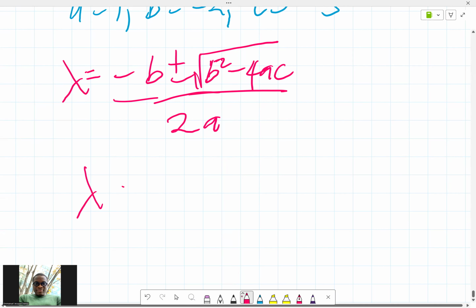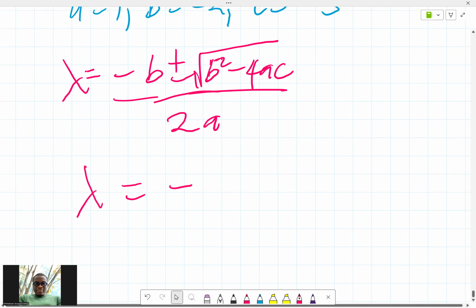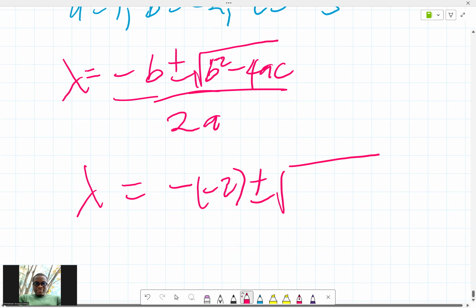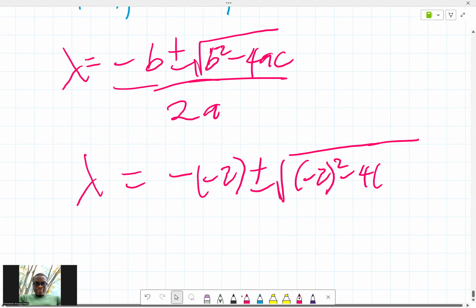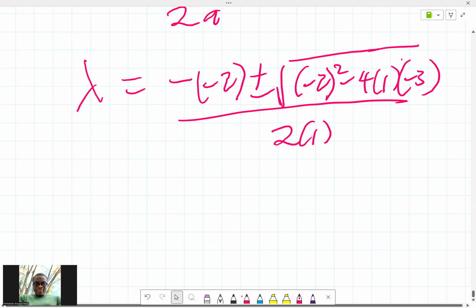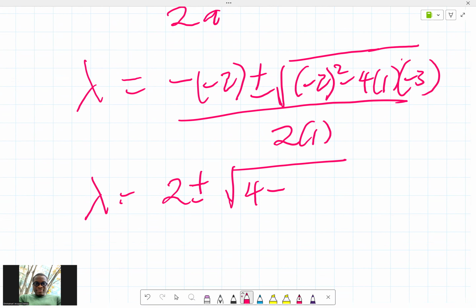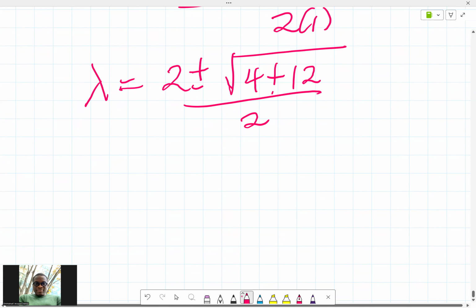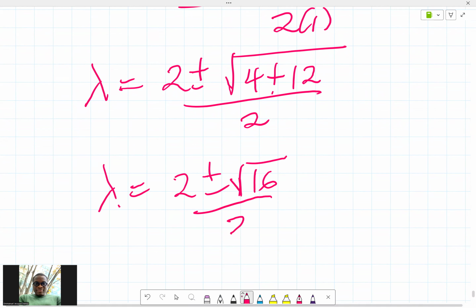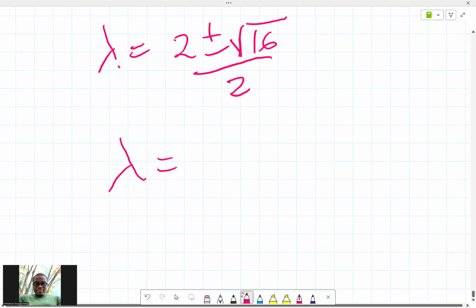So lambda is equal to 2 plus or minus the square root of 4 plus 12, all over 2. That gives lambda equal to 2 plus or minus the square root of 16, all over 2, so lambda is 2 plus or minus 4, all over 2.